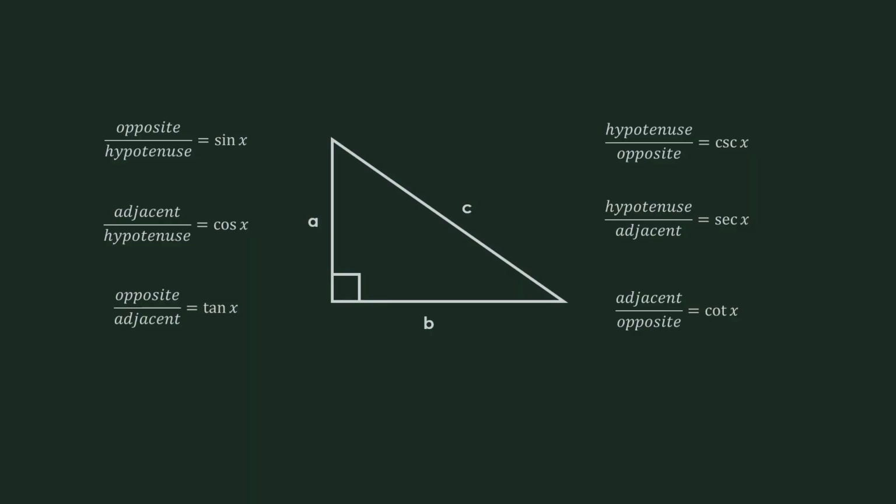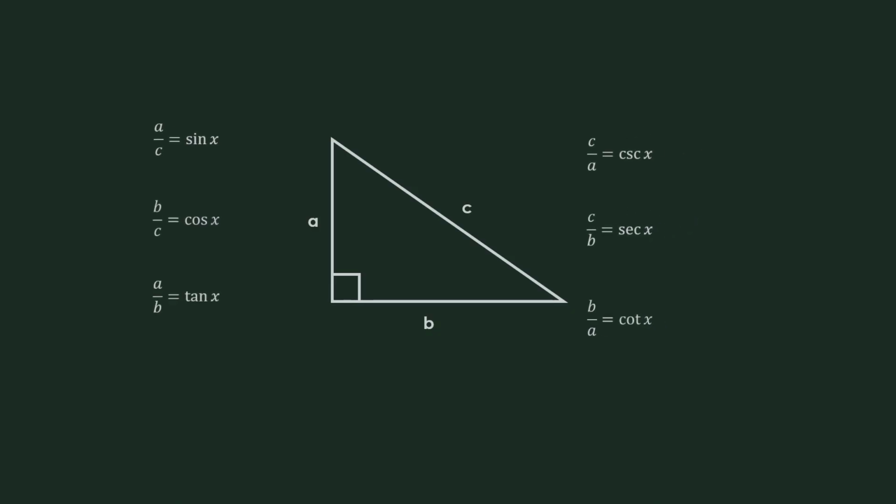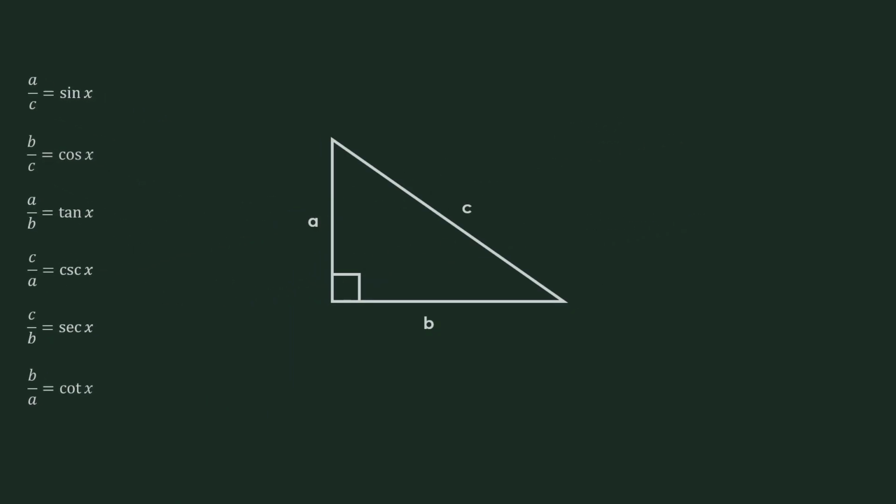So sine x is A over C. Cosine x is B over C. Tangent x is A over B. For cosecant x, we have C over A. For secant x, we have C over B. And lastly, for cotangent x, we have B over A. So we will set aside all of these values to use later on.